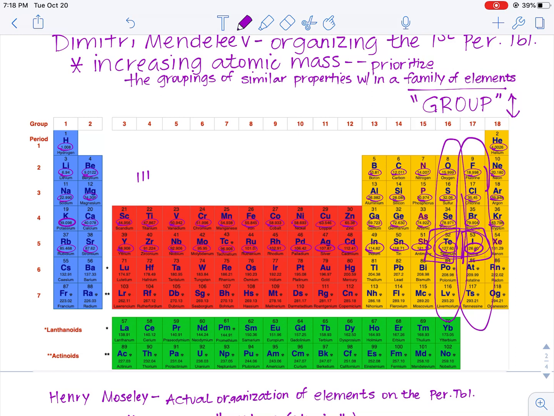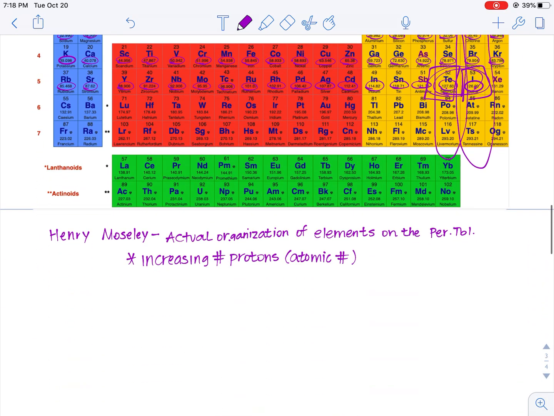So no matter how hard you look at a periodic table of the elements, there will not be any exception to the elements being placed out of increasing atomic number order.